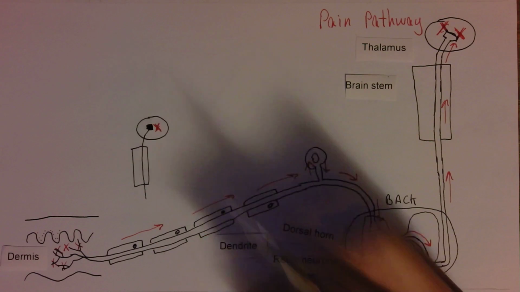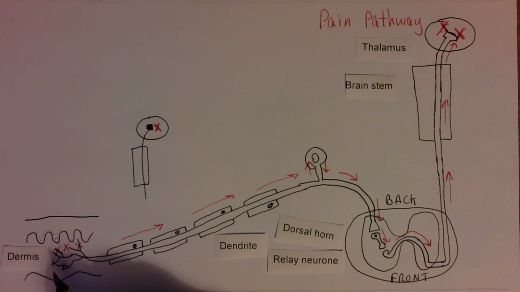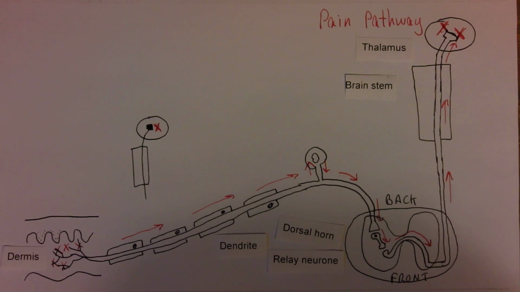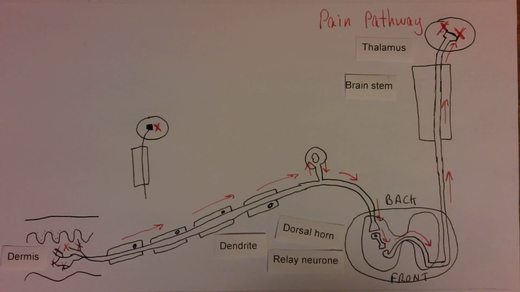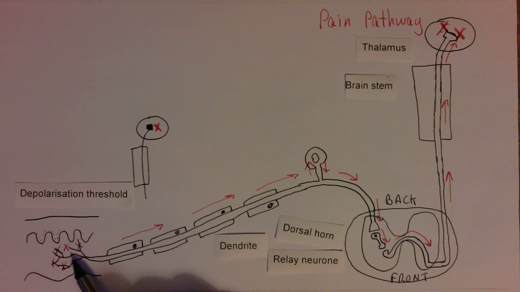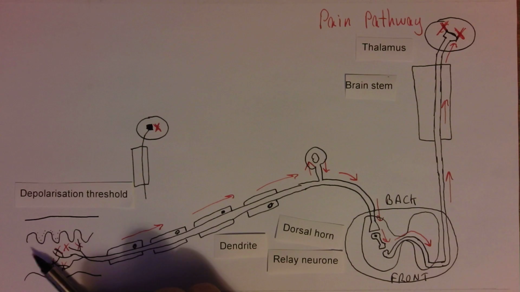So that's good, we now have a pain. And that's good because it's warning us that this tissue is being damaged. So whenever this tissue starts to be damaged, the nociceptors will reach what is called their depolarization threshold. They will depolarize and a new nerve impulse will be formed. But the new nerve impulses are all or nothing.